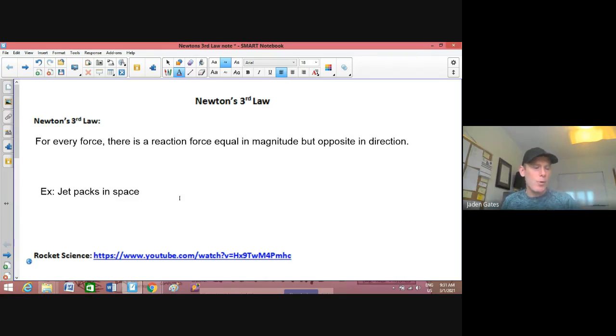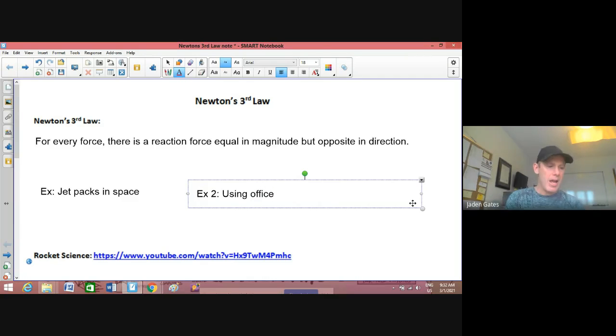The shooting water is hitting the water below, and the water below is pushing it up. Office chairs are a big one. I always like to show that in class: if you want to get somewhere, you push off and you go in the opposite direction, so often you push off your desk to move backwards.